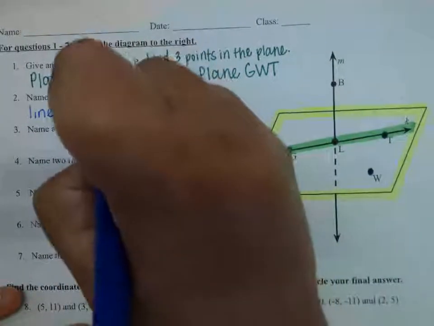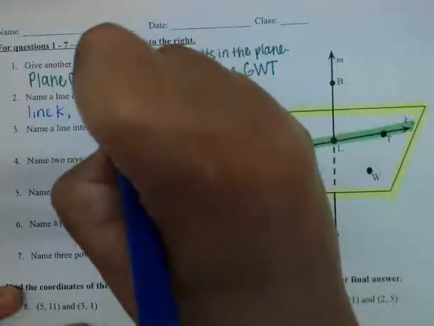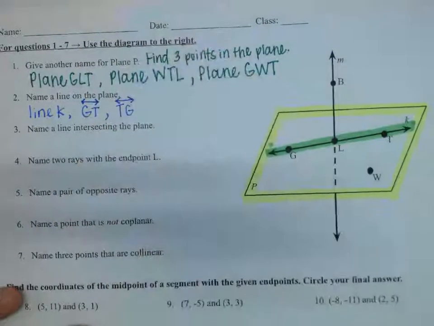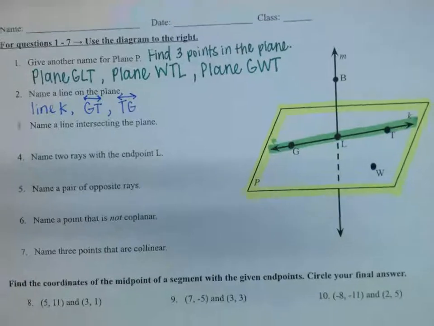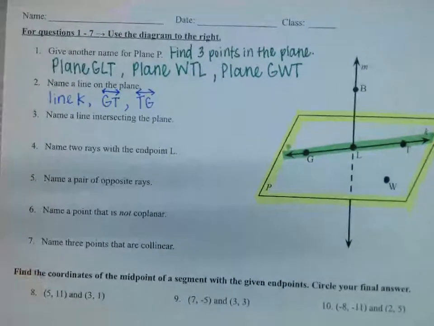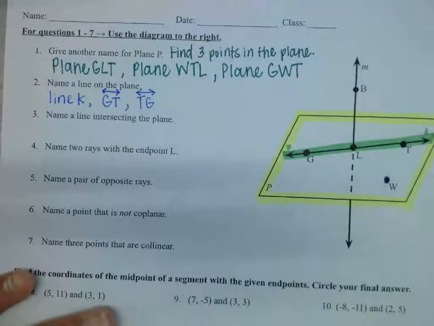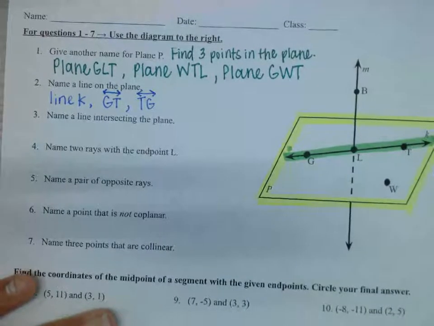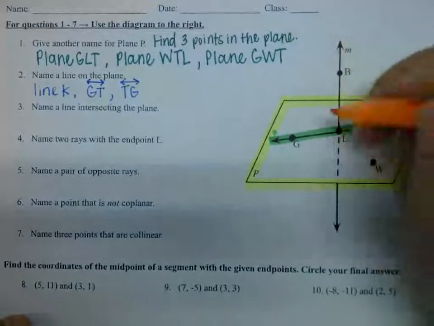Next, we have name a line intersecting the plane. So intersecting the plane means going through it. And these little dots indicate that it went through the paper and came out on the other side, or through the plane and came out on the other side.